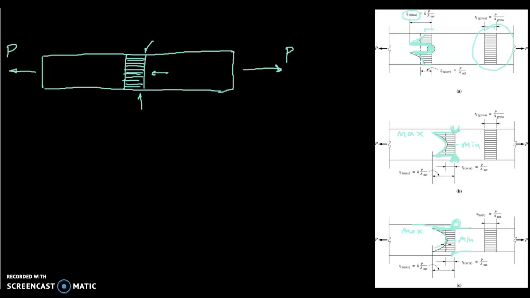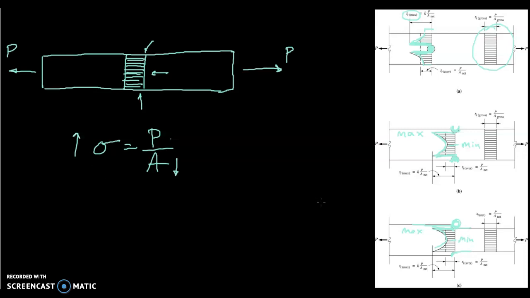And the average amount of stress is affected as well in each of these three situations because we've reduced the area. Stress is load divided by area, and so if the area gets smaller, the stress is going to get bigger.